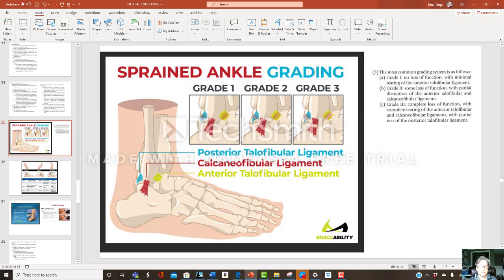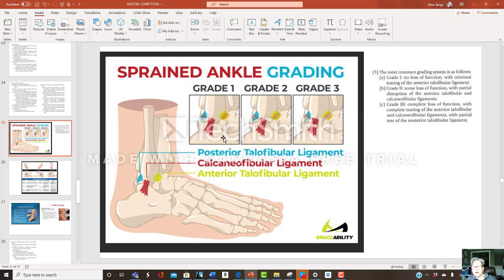That's going to be the yellow and the red ligaments, as you can see in the grade 2 picture. Grade 3 is complete loss of function with complete tearing of the anterior talofibular and calcaneofibular ligaments. Look at the picture in grade 3 right here. Complete tearing here, and a partial tear of the posterior talofibular ligament.